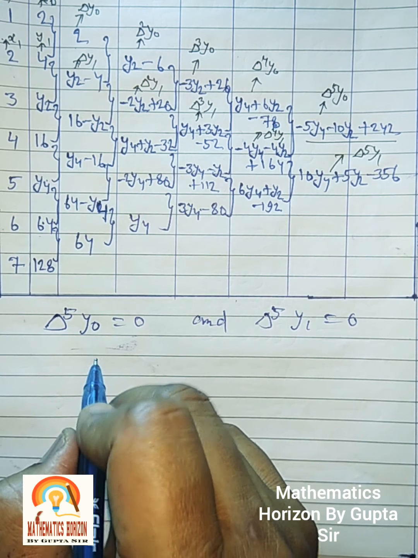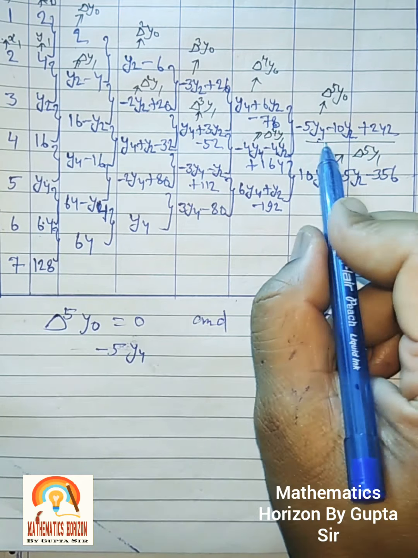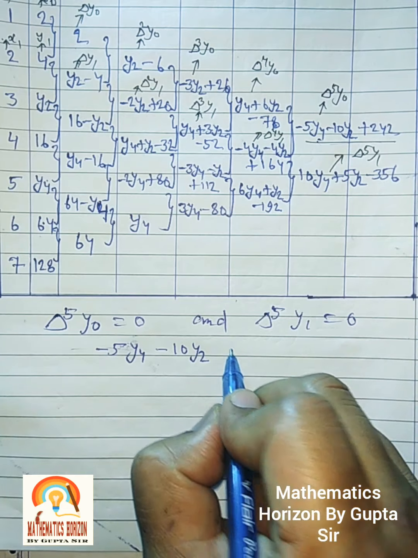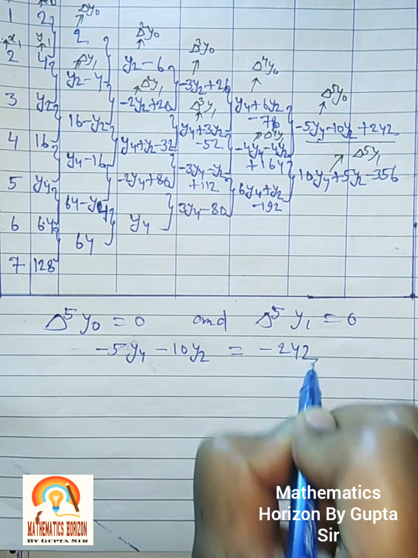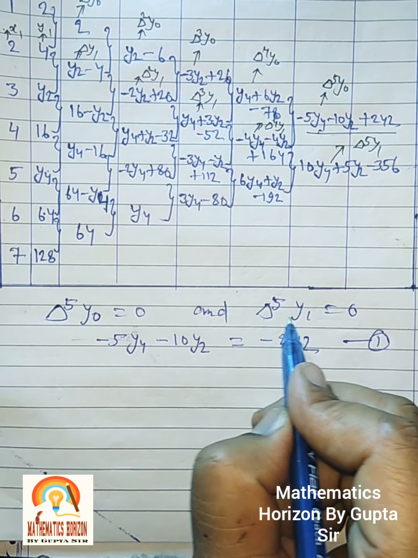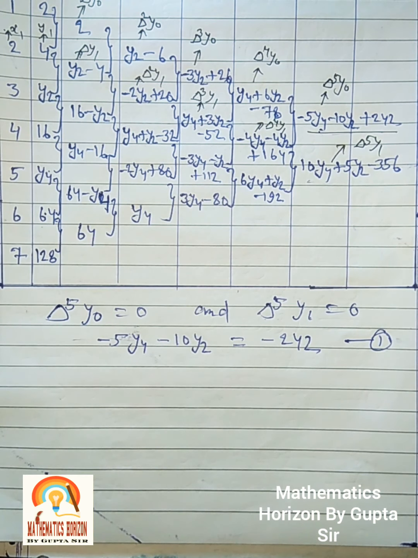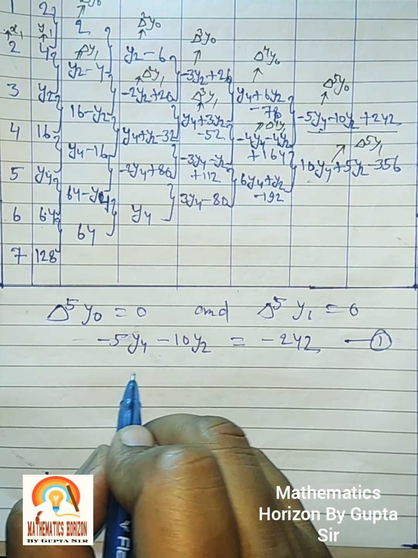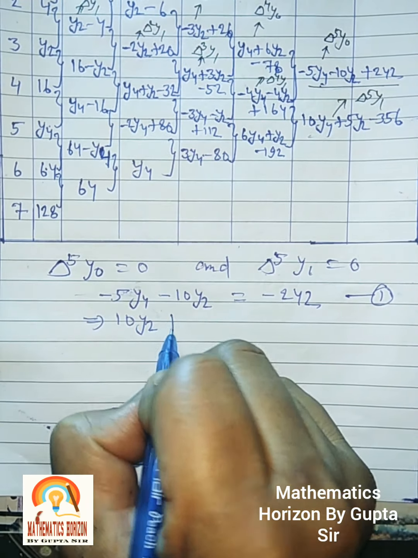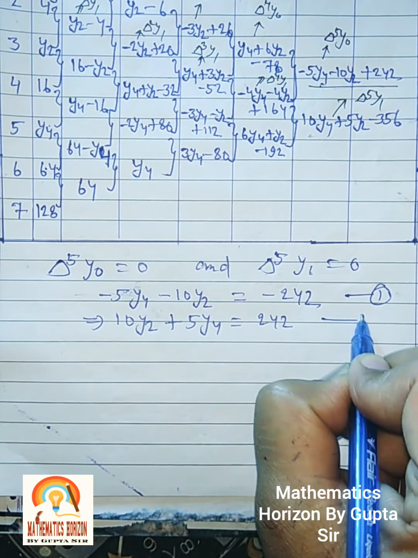Del 5y0 means minus 5y4 minus 10y2 plus 242 equal to 0, that is 10y2 plus 5y4 is equal to 242. This is our equation number 1.